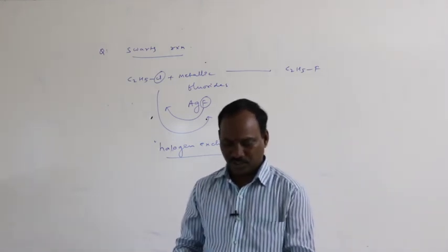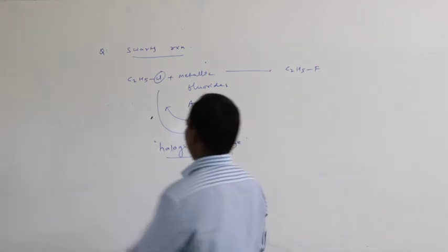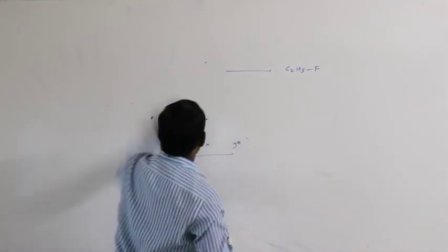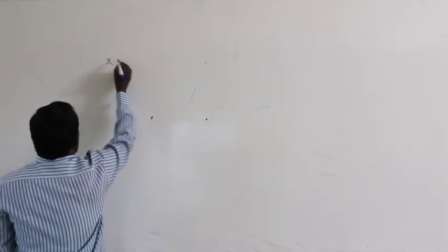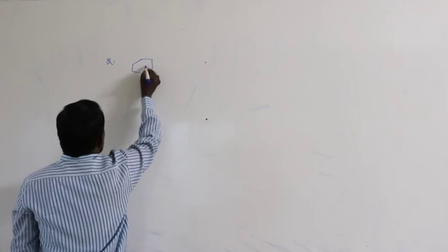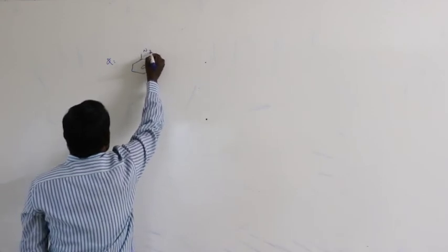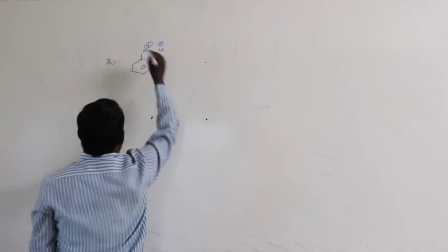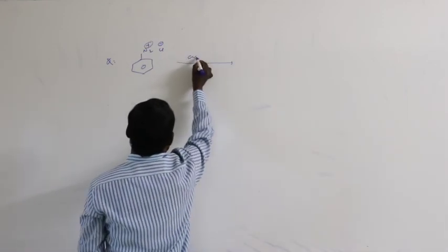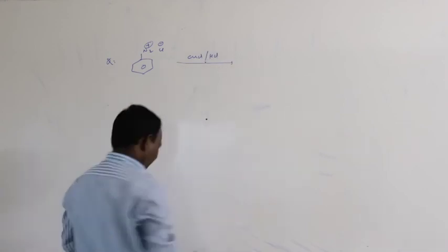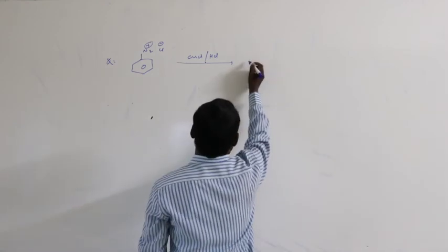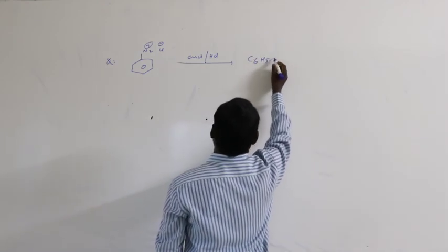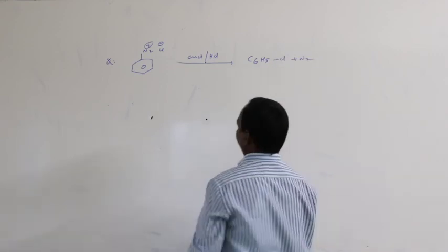Okay, benzene diazonium chloride on treatment with cuprous chloride. And one more important question. Benzene diazonium chloride, C6H5N2 plus Cl minus, on treatment with cuprous chloride and HCl gives C6H5Cl plus N2.